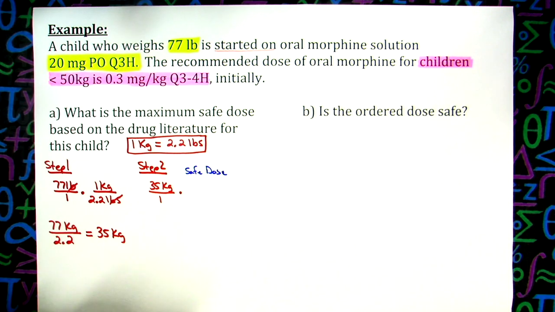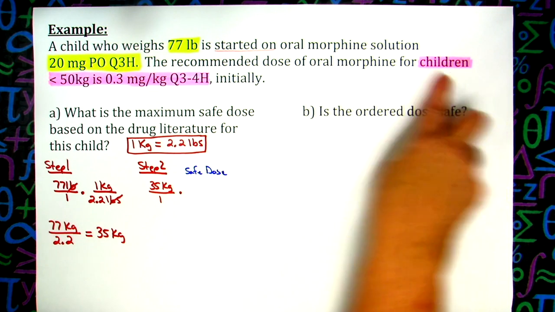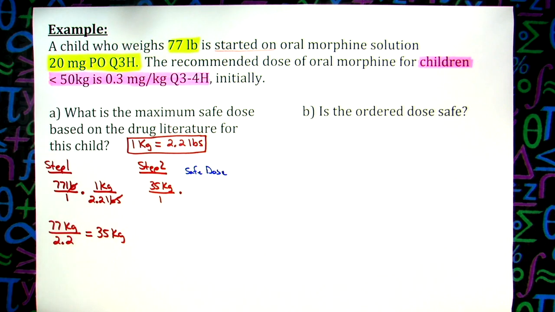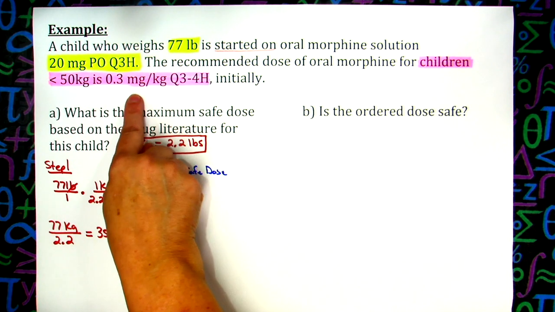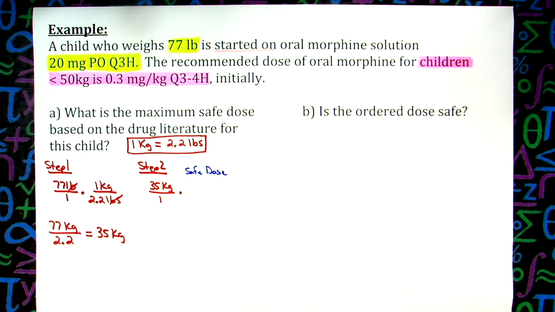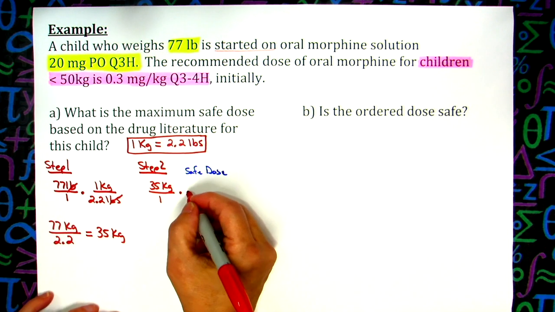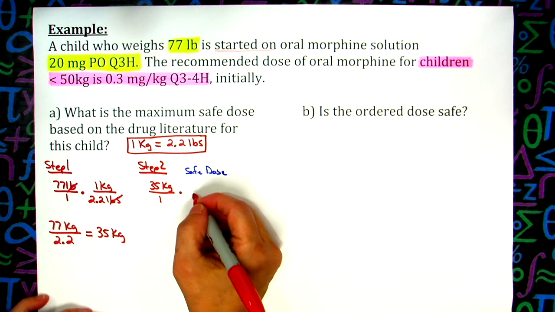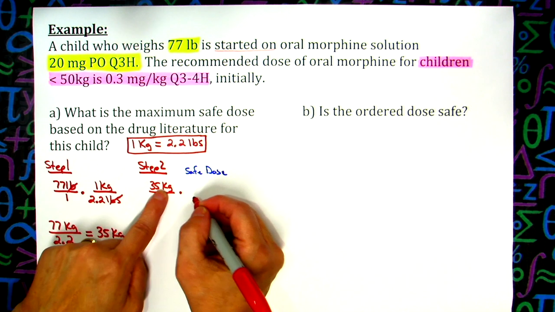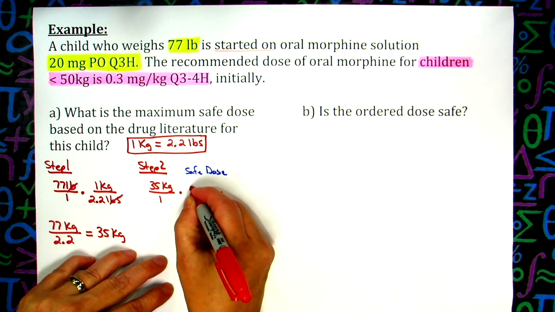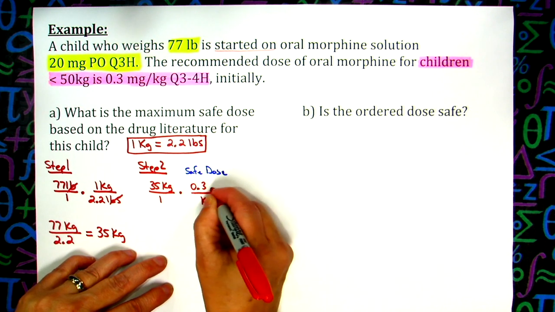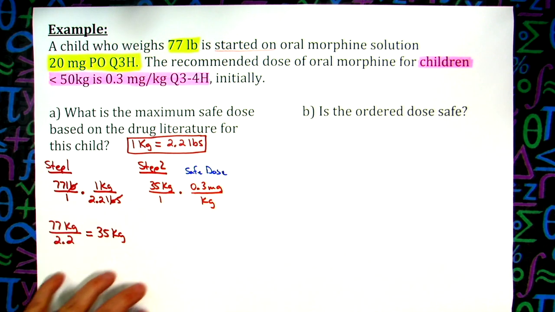Coming back up here, the recommended dose for children that are less than 50 kilograms, and this child is definitely less than 50 kilograms, is 0.3 milligrams per kilogram every 3 to 4 hours. Using that unit analysis, I want the kilograms on the bottom so they will cross out. I'm going to put the 0.3 milligrams up there.